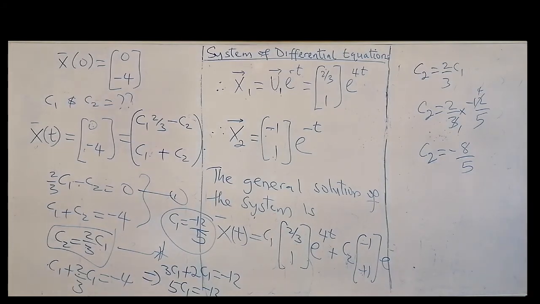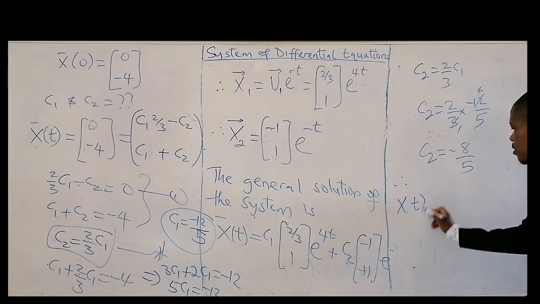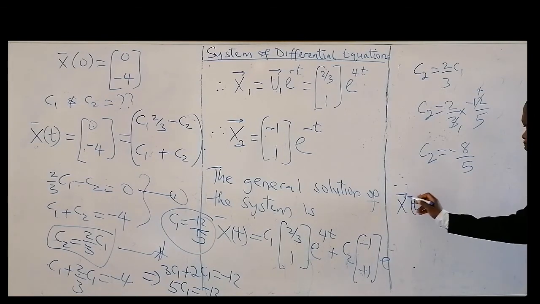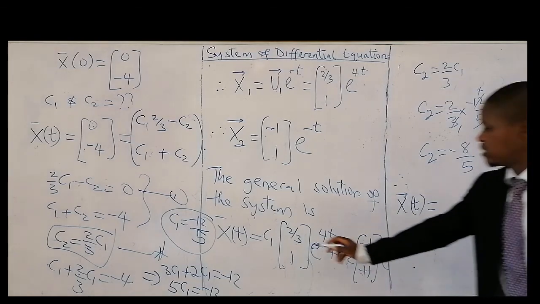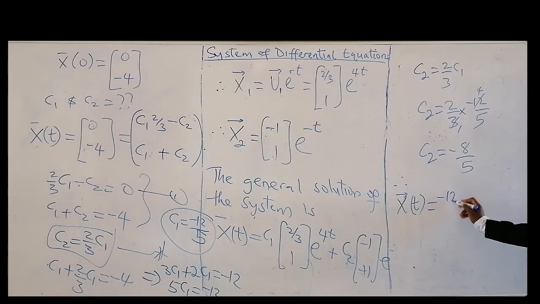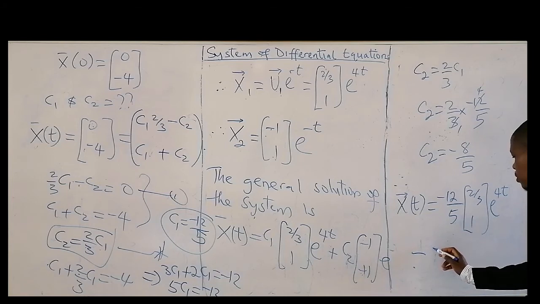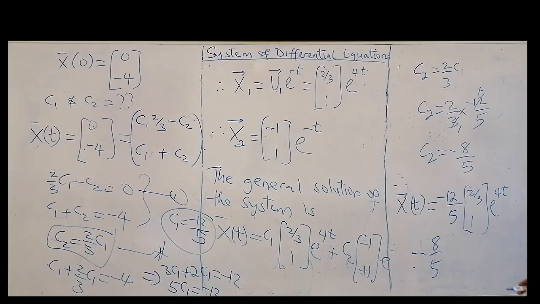Okay, so therefore, the general solution will now become: c1 is minus 12 over 5, times the vector 2 over 3, 1, exponential 4t, then minus c2, it's going to be plus, so plus times minus, so we have 8 over 5, the vector minus 1, 1, then exponential minus t.